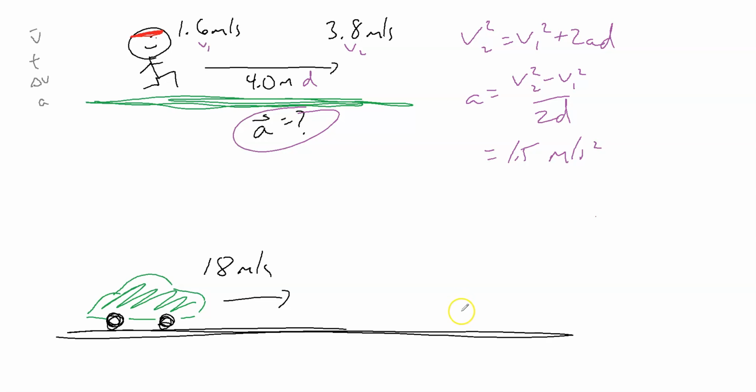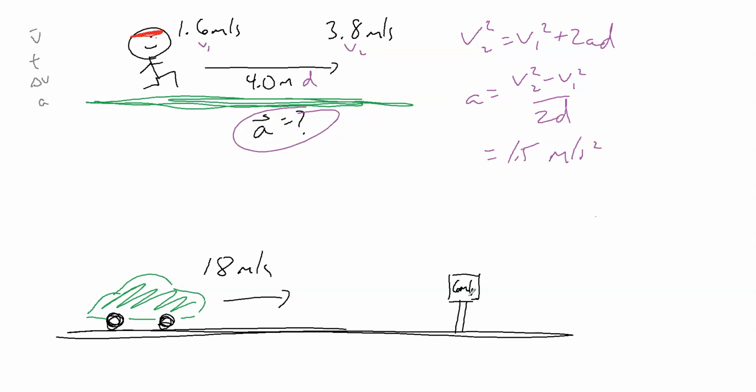Then up here, there is a different speed zone, and I don't know why, but it's in meters per second, so let's say the speed limit here is 6 meters per second.